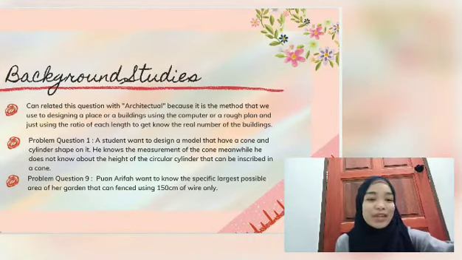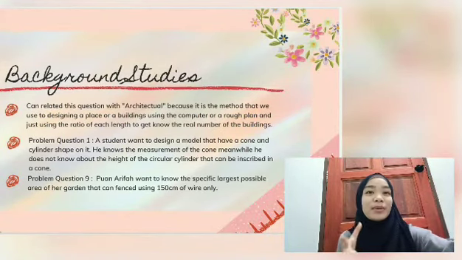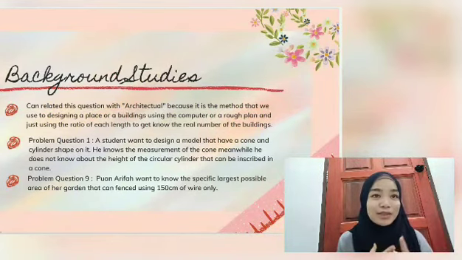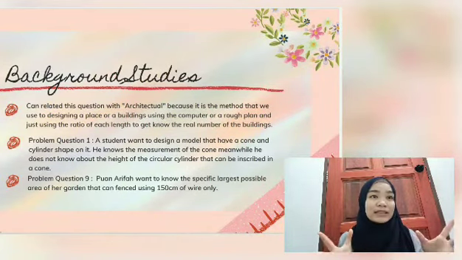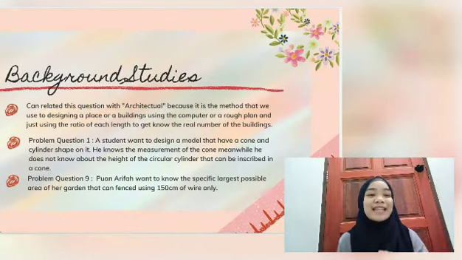From question number 1, we know the problem is that the architect student wants to design a model that has a cone and cylinder on it.